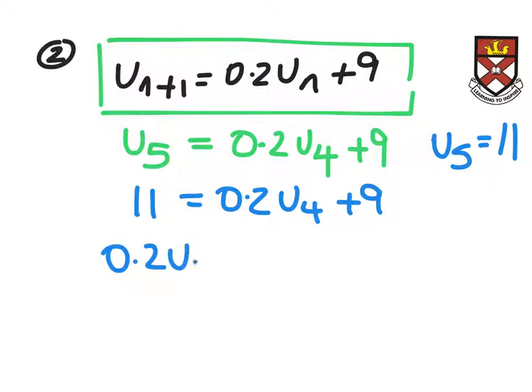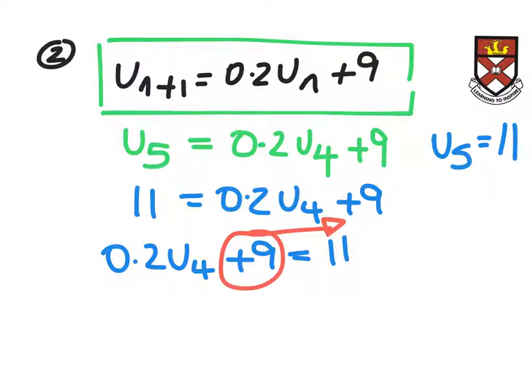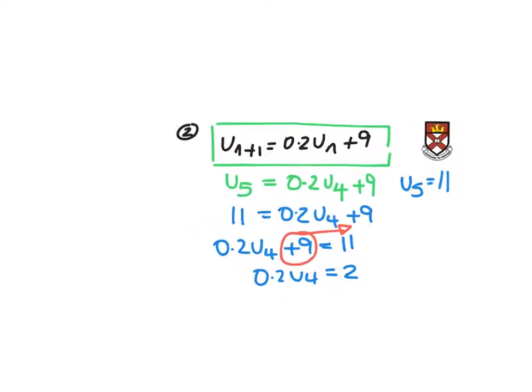Rearranging, just swap the sides around. I get 0.2 of u4 plus 9 is 11. Take the 9 over to the other side, gives me 0.2 of u4 is equal to 2. Make that, oops, that's a bit too small.